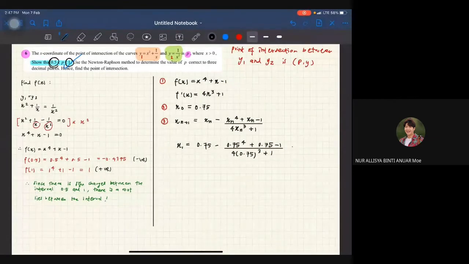Okay, so what do you get for this one? Apa nilai awak dapat? Okay, so before that, fokus dekat sini. Dia nak 3 decimal places. Okay, so bila jawapan akhir kita nak dalam 3 decimal places, so for your working, untuk jalan kerja awak, use 4 decimal places. Okay, so kita jangan bundarkan dia terlalu awal sebab takut jawapan kita lari. Okay, so what do you get for this one?